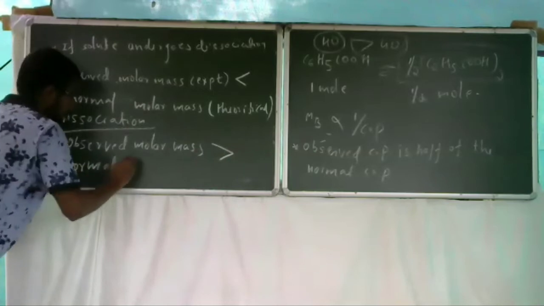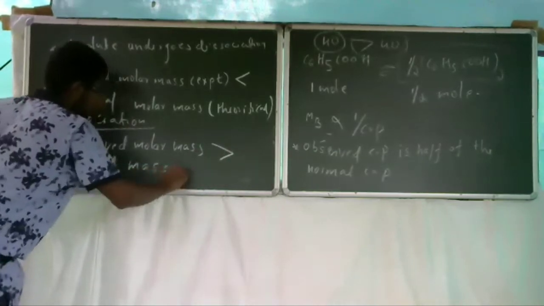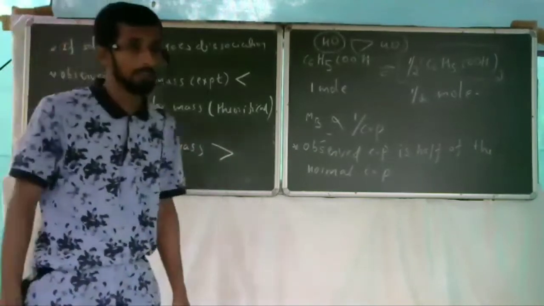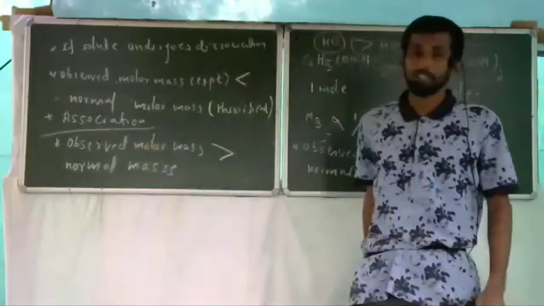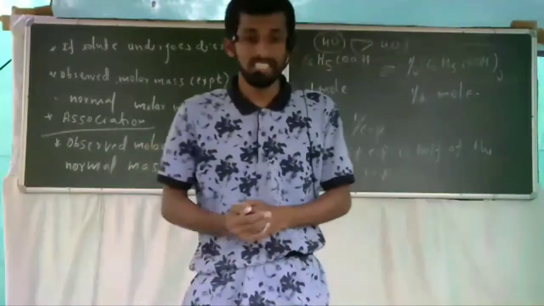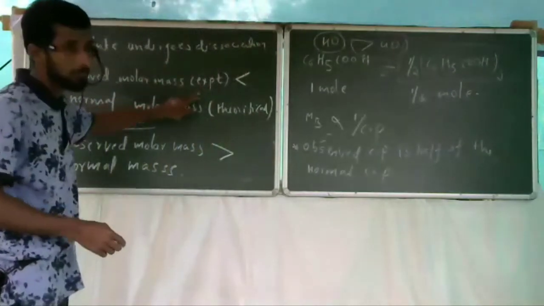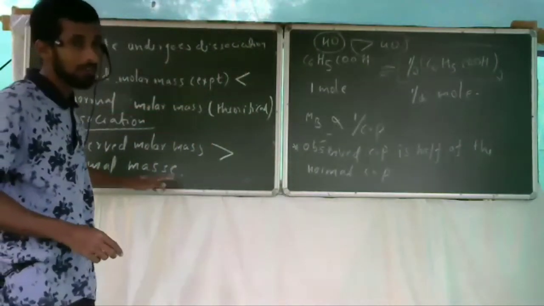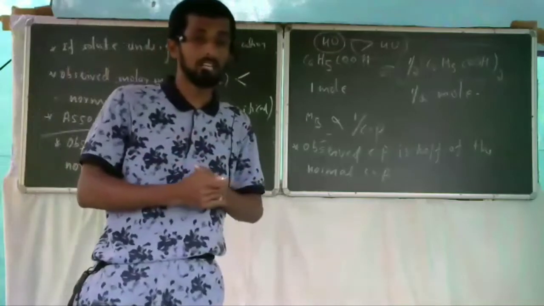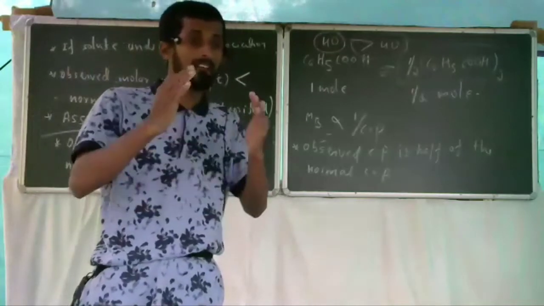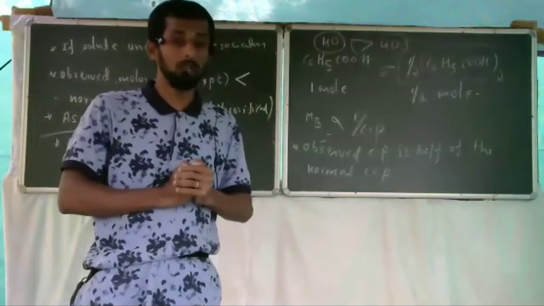Okay, clear? That is on account of association or dissociation. Whether you get higher molar mass or lower molar mass while calculating molar mass using colligative property, that value is called abnormal molar mass.